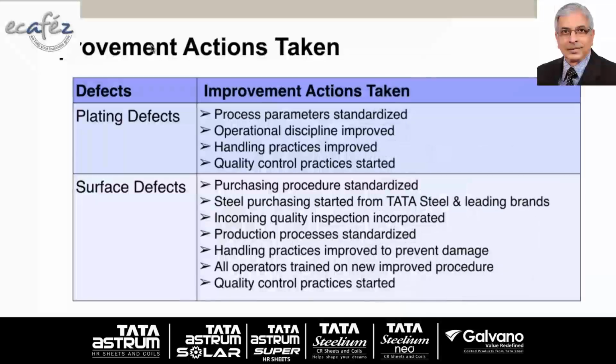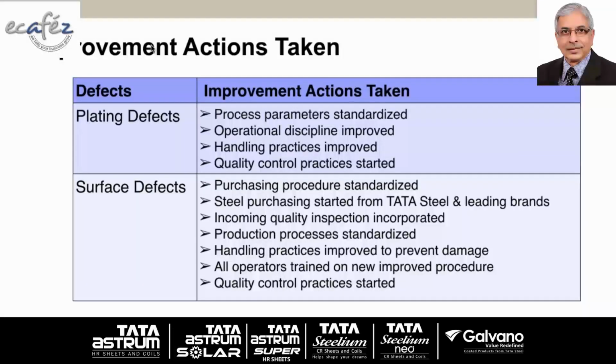These were identified by the team, and the improvement actions were identified and taken. Process parameters standardized, operational discipline improved, handling practices improved, quality control practices started, and a lot of improvements were made in the purchasing process. Purchasing procedure was standardized.